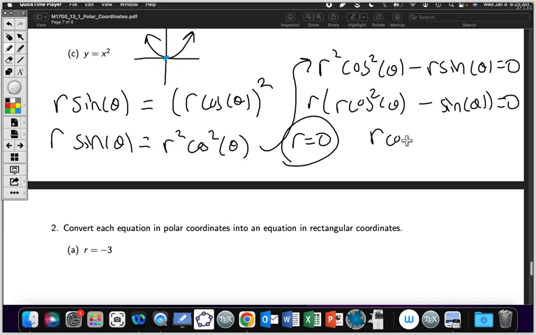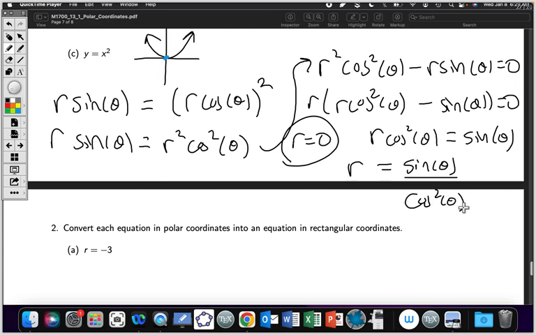Or we'd have r cosine squared theta is sine theta. And once again, we could divide both sides by cosine squared, assuming cosine isn't 0. You get r equals sine theta over cosine squared theta, which, in calculus, you would recognize pretty quickly as secant of theta, tangent of theta.